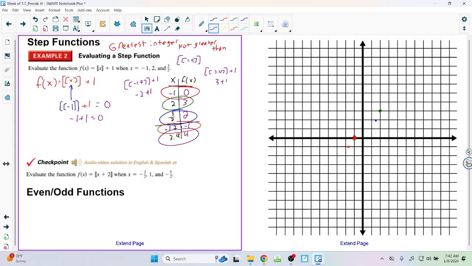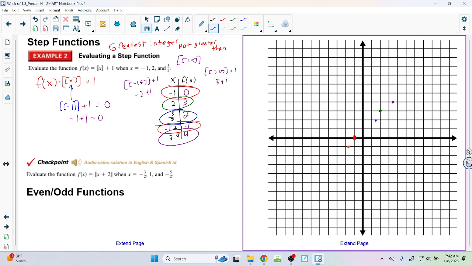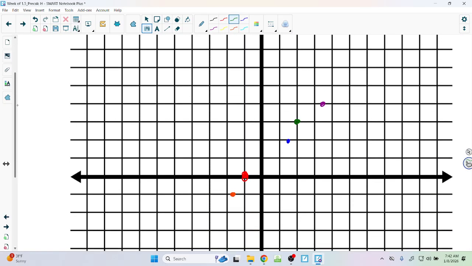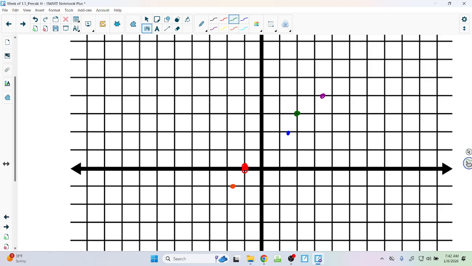Do you know what it's going to look like? It's going to look like this because, let me go in closer if that's all right, so you can see it better. This green is going to go, and all these numbers are going to round down until 3.